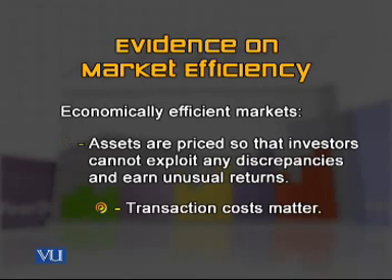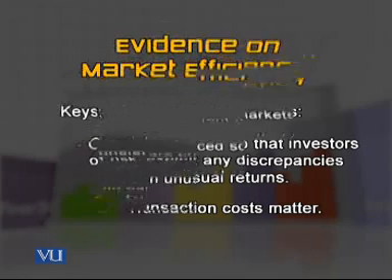Of course, transaction costs matter, but an economically efficient market will deprive people who think they're very smart from making any abnormal returns on information available to them. So economically efficient markets deter investors from getting unusual returns because assets are priced in such a way.